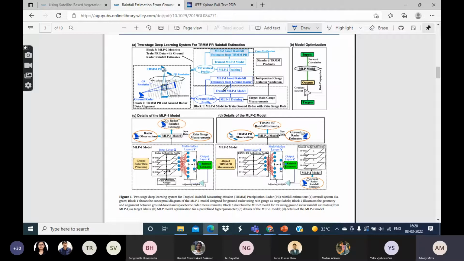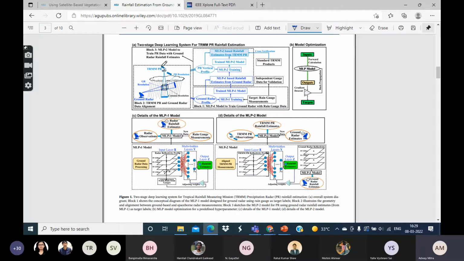Once this training is completed, we get a trained model. Let's call it MLP1. Whenever we get new images from the ground radar, those images are passed as inputs to MLP1, which gives us the new precipitation estimates.